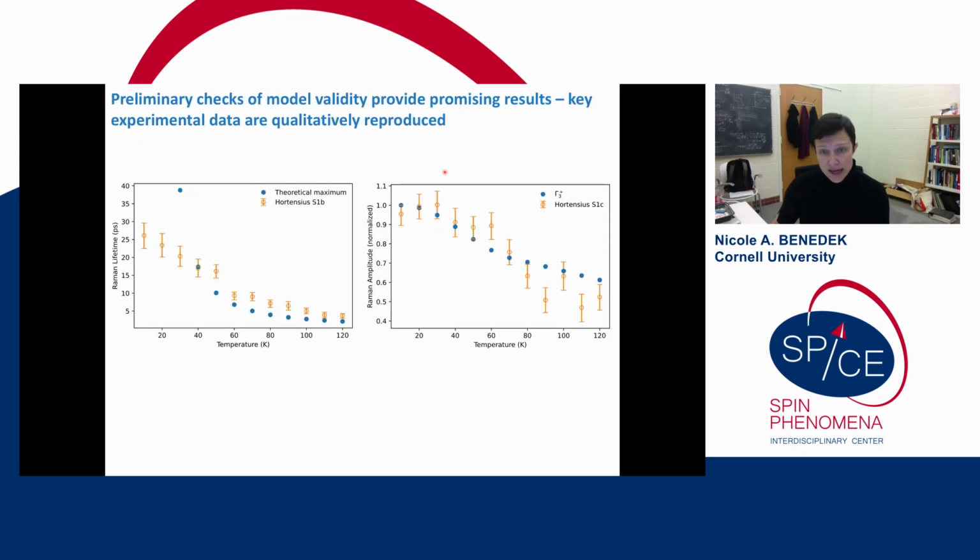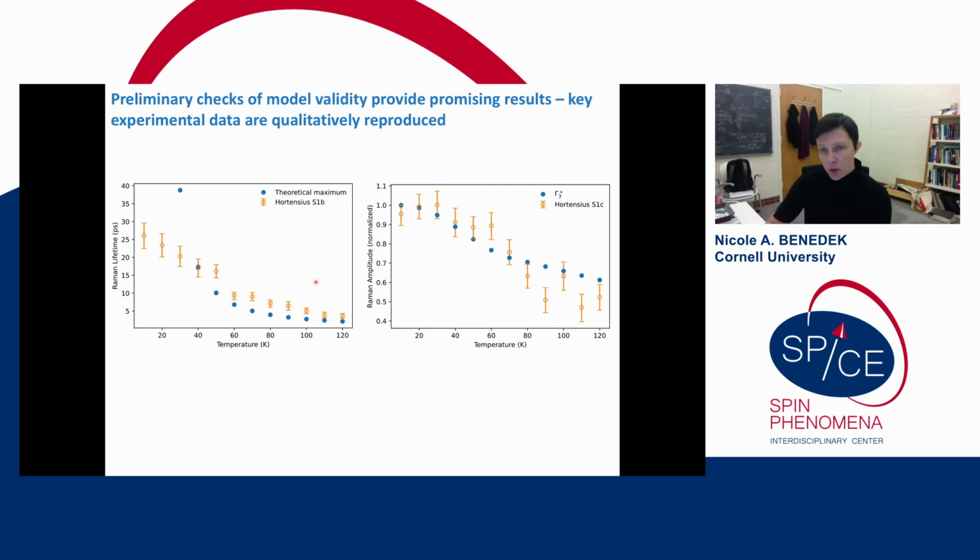Before looking at the dynamics in detail, we wanted to check that we were on the right track. So we compared some of our data to those reported by Hortensius. The plot on the left shows the lifetime of that 1.1 terahertz EG Raman mode as a function of temperature. Our data are in blue and the experimental data are in orange.